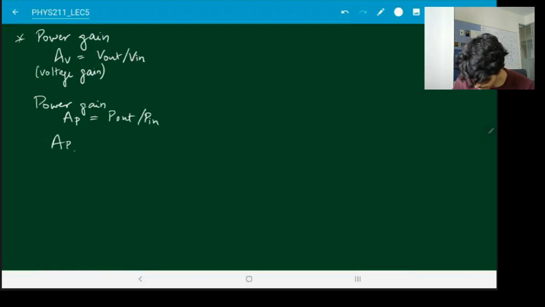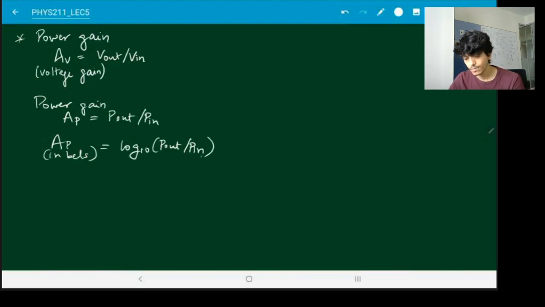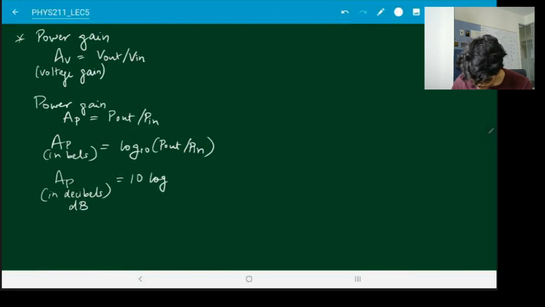So AP in bells is defined as log 10 of P out over P in. Or if you want to work in 1/10 of a bell, which is called a decibel, denoted as dB, this is 10 times the bell.